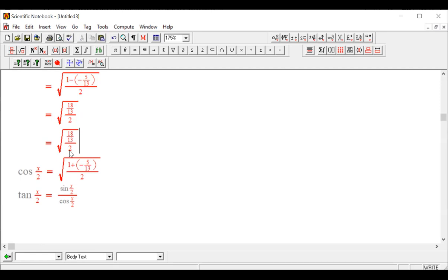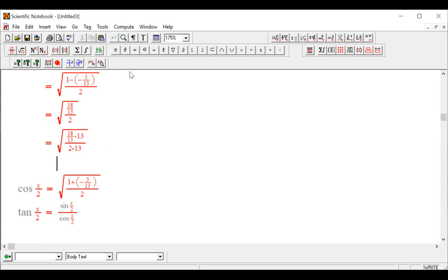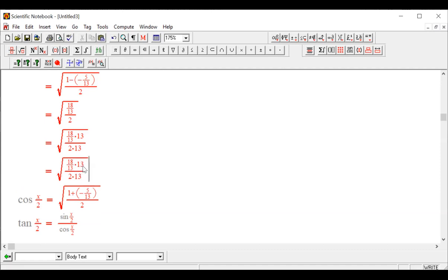So we got this, and so here you're going to multiply 13 on the top and multiply the 13 on the bottom. And then what do we get? The top 13 and 13 reduce, so we have 18 left.